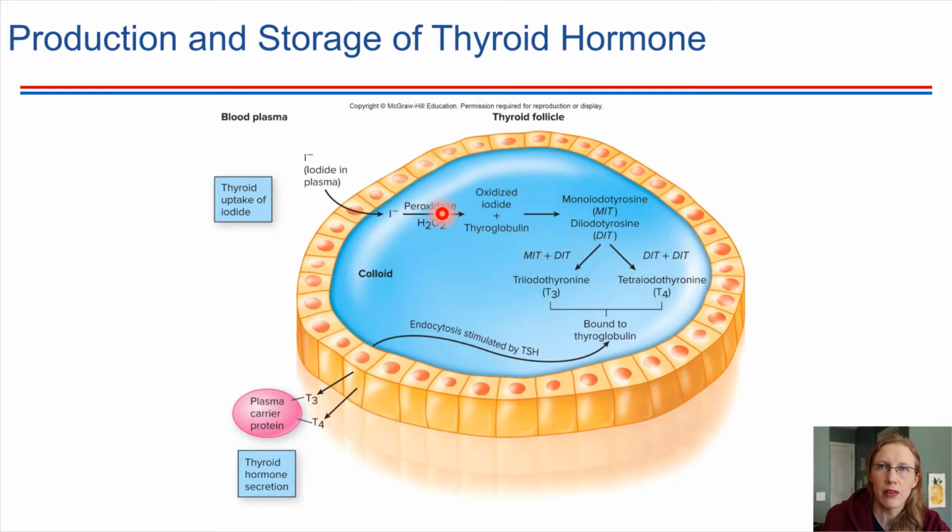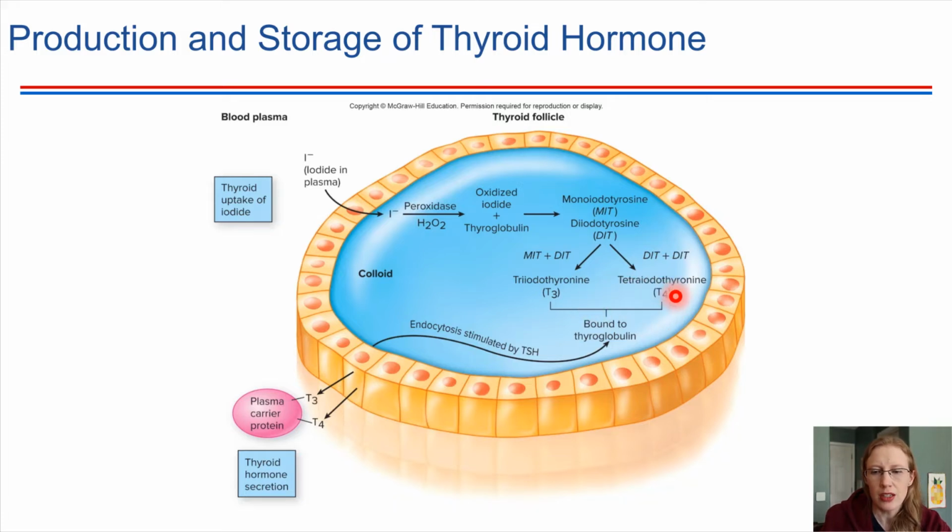This is produced by the follicular cells, these cells around the edge. And so the combination of iodide and thyroglobulin ends up allowing us to produce T3 and T4. Those numbers are just indicating how many iodines are attached onto that particular molecule.